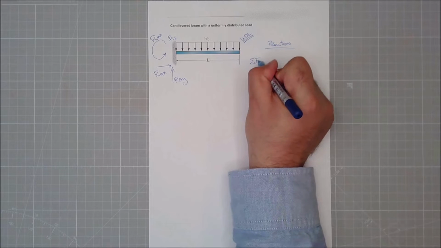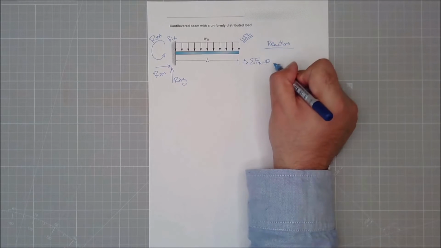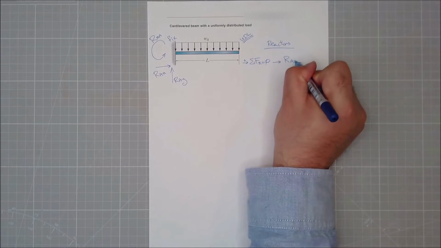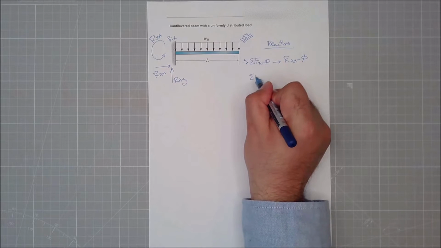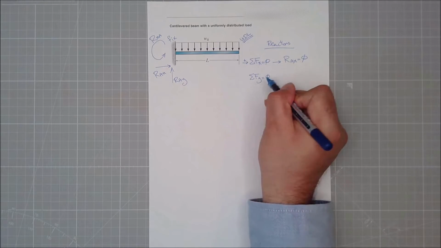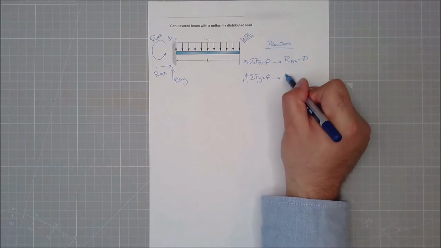Summation of all forces in X equals 0. This way positive. RAX equals 0. Summation of all forces in Y equals 0, going upward. What happens?